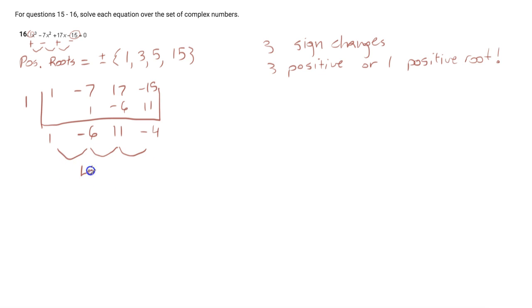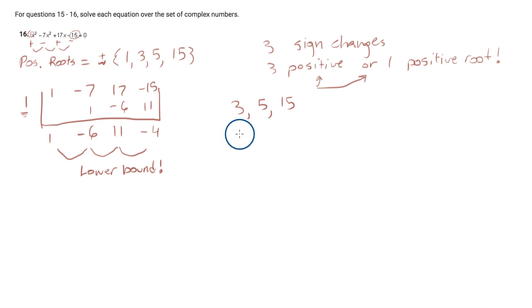That means that we have a lower bound. This is extraordinarily helpful because we know that our possible roots cannot be any of the negatives. And so since we've already tested 1, we only need to look at 3, 5, and 15 to find 1 or 3 of our remaining roots.